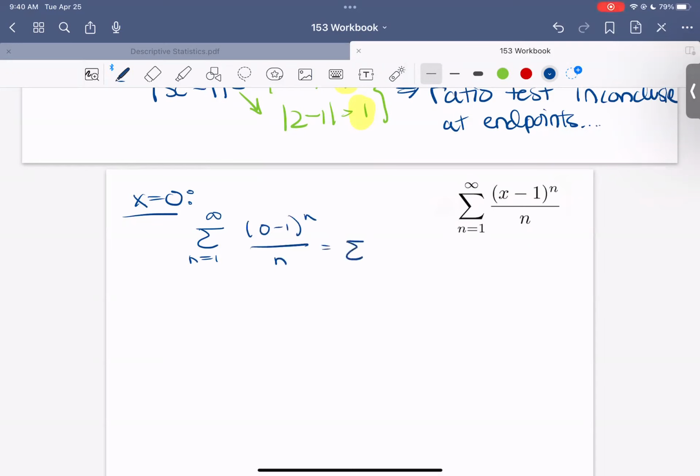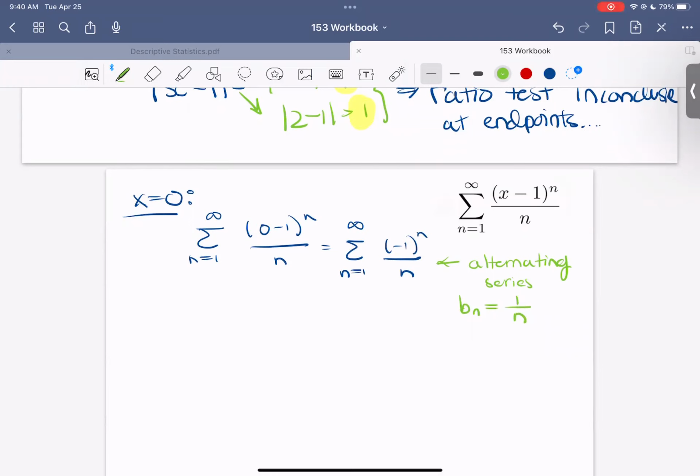So that just becomes the sum of n equals 1 to infinity of negative 1 to the n over n. So does this look familiar? Yeah, this looks like an alternating series. The terms go from positive, negative, where our bn is equal to 1 over n.